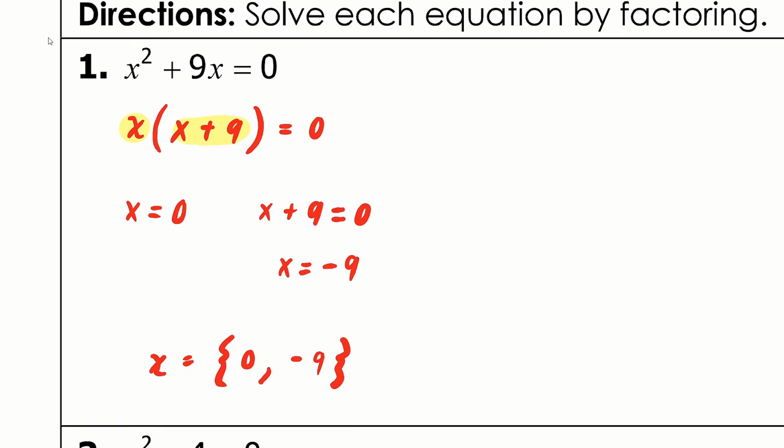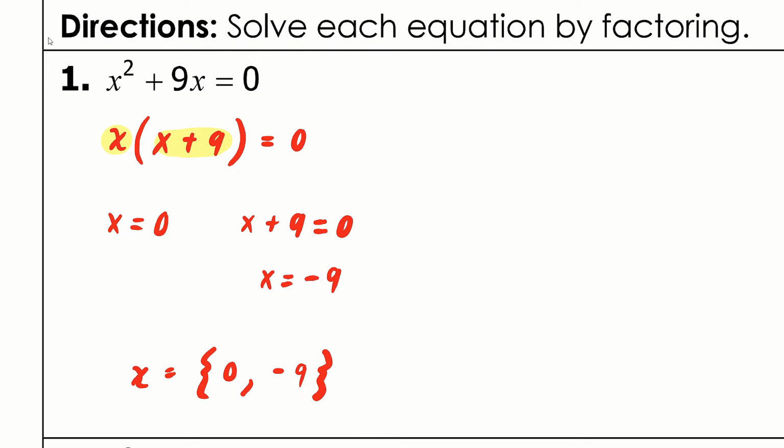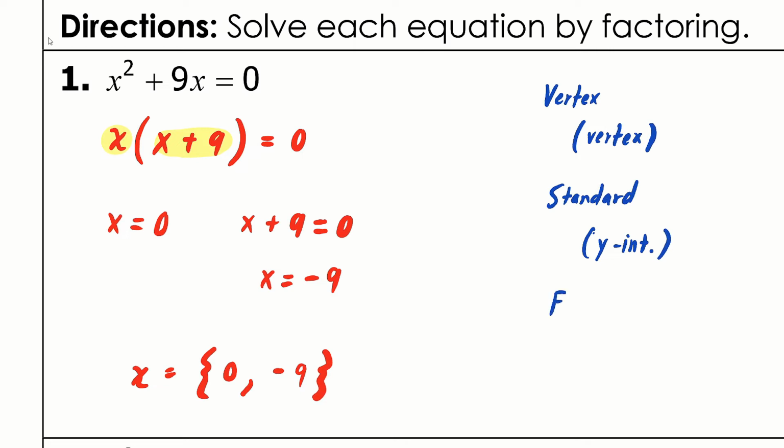So like we talked about last week, when we wrote our equations in the three different forms, when it was in what we called vertex form, we could see the vertex, right? When it was in standard form, we could see the y-intercept. The last one is factored form.